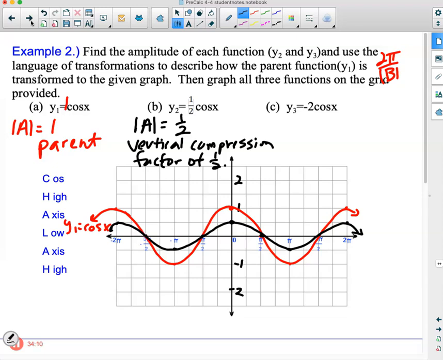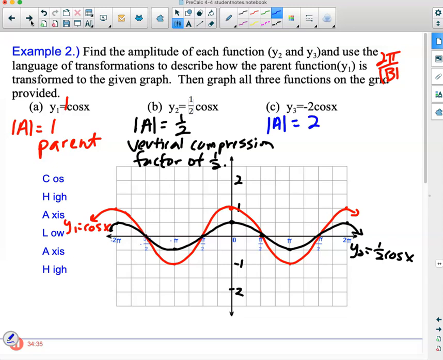Y sub 2 equals 1/2 cosine of x. And we'll change colors. And we'll go after C. What's the amplitude for C? Yep, just the 2.